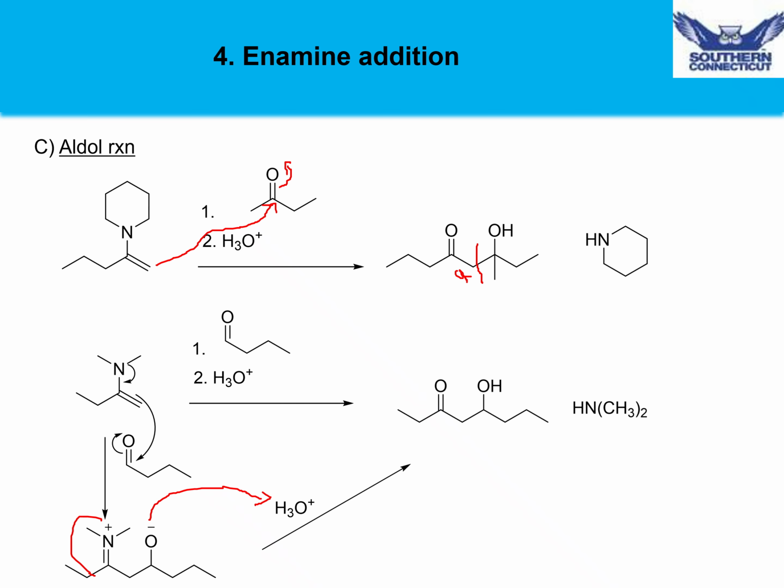In addition, this iminium ion becomes hydrolyzed by the aqueous acid to form a ketone. And we get a side product of a secondary amine. Again, notice this secondary amine is related to the nitrogen that we have in the enamine. The nitrogen picks up a proton to become that secondary amine.